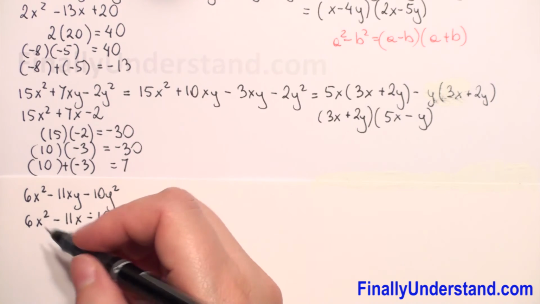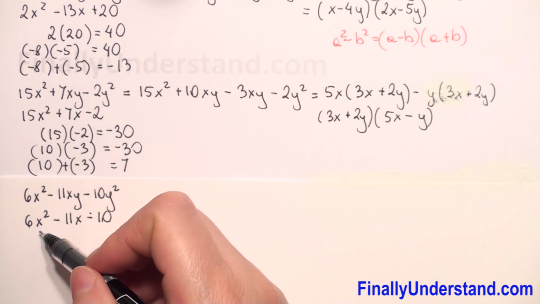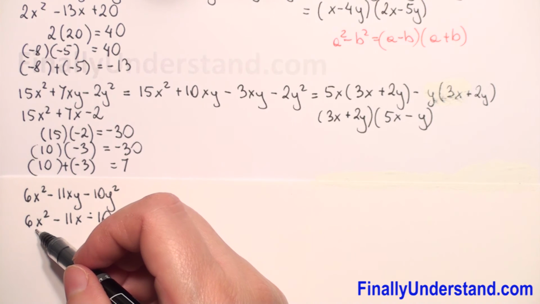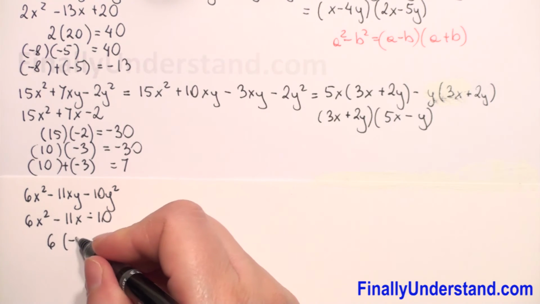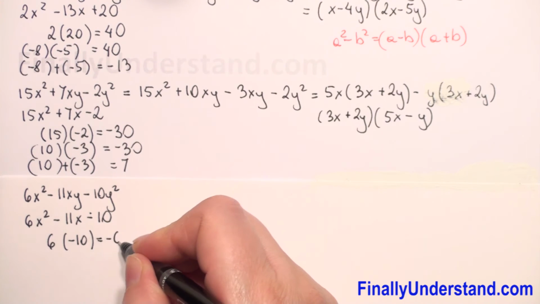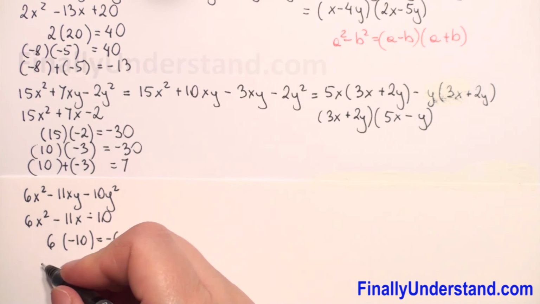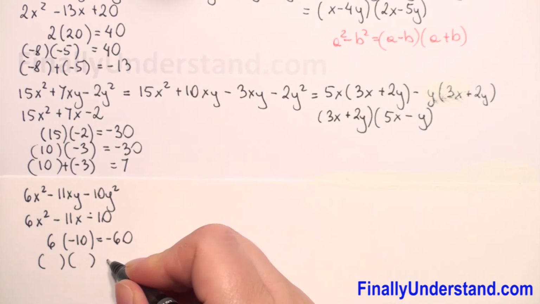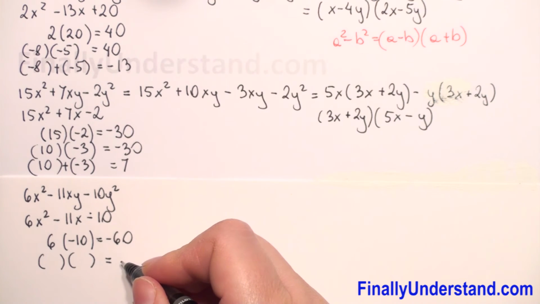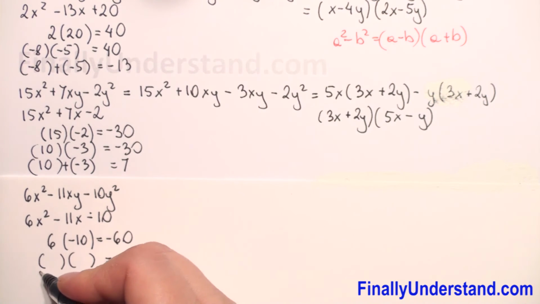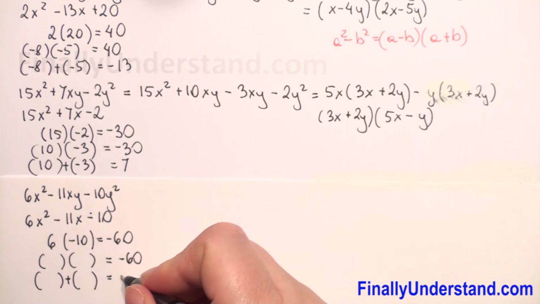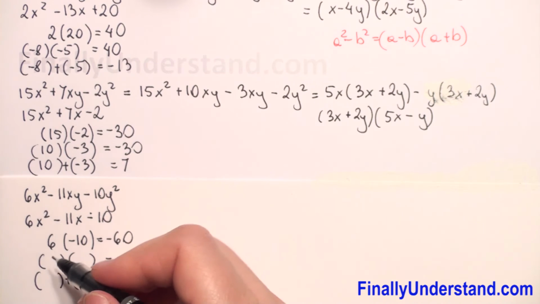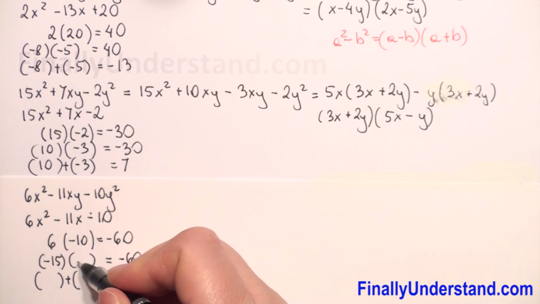Because the coefficient before x squared is different than 1, I have to multiply 6 times the constant negative 10, so this is equal to negative 60. Next I have to find two numbers which I multiply and I will have negative 60, and when I add them I have to have negative 11, so it will be negative 15 and 4.